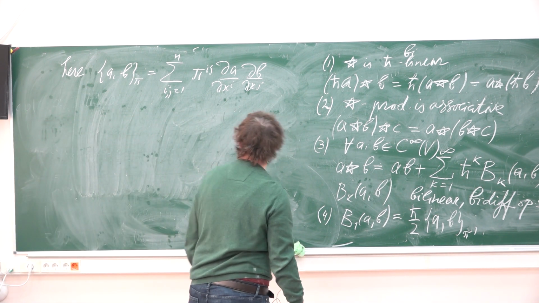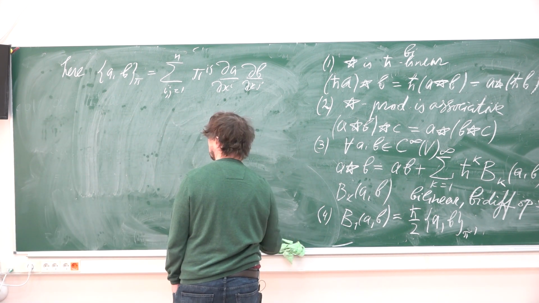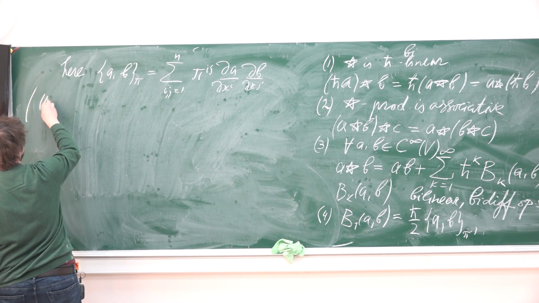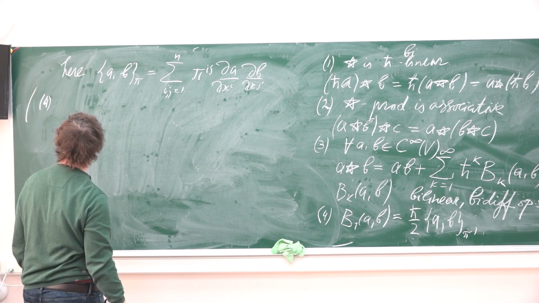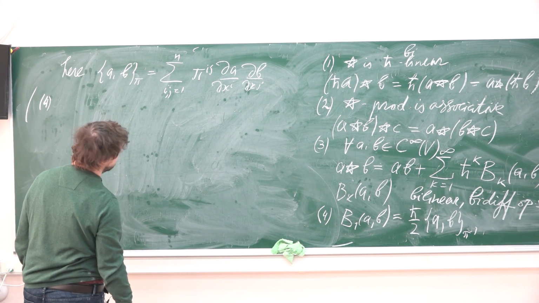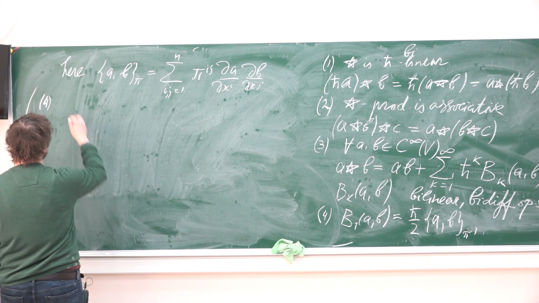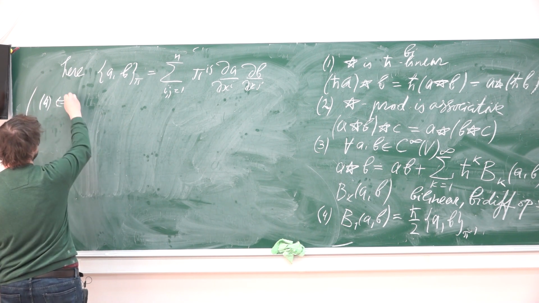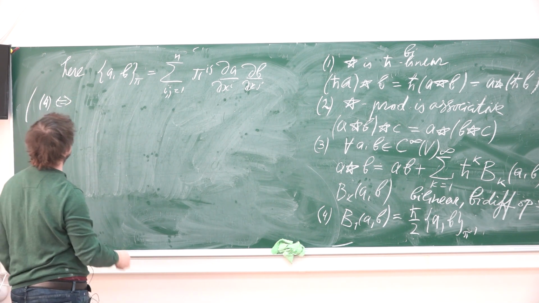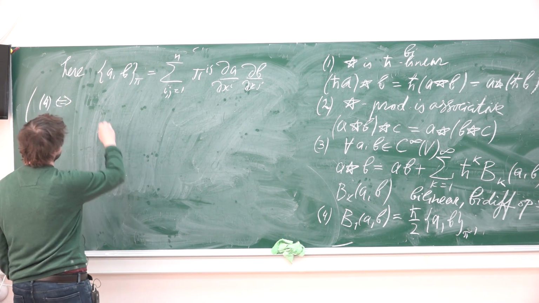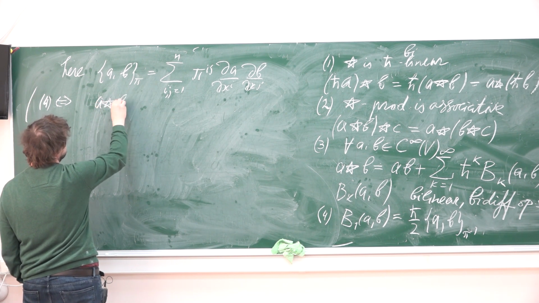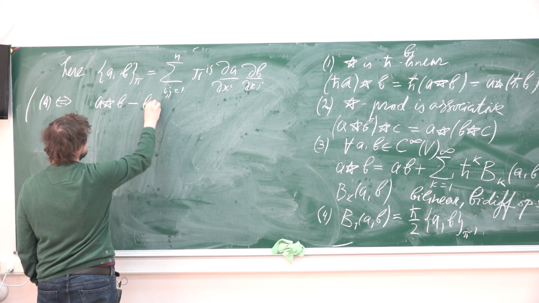Actually, this property number 4 can be rewritten in a more insightful way as follows. It is equivalent, but probably more appropriate for future development. You take a commutator of A and B with respect to this star product.